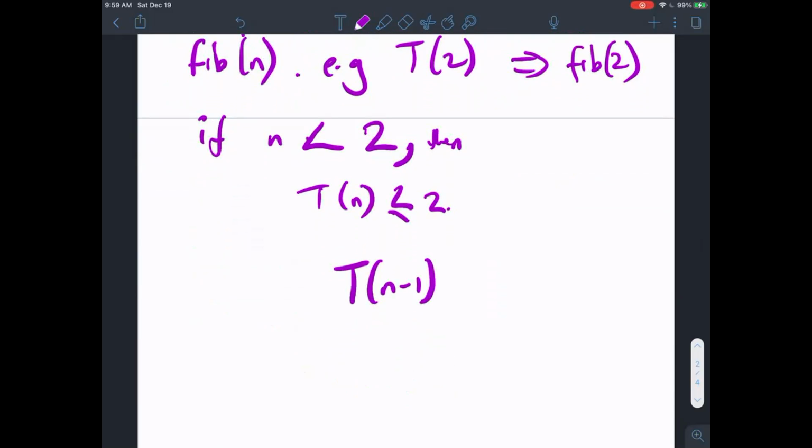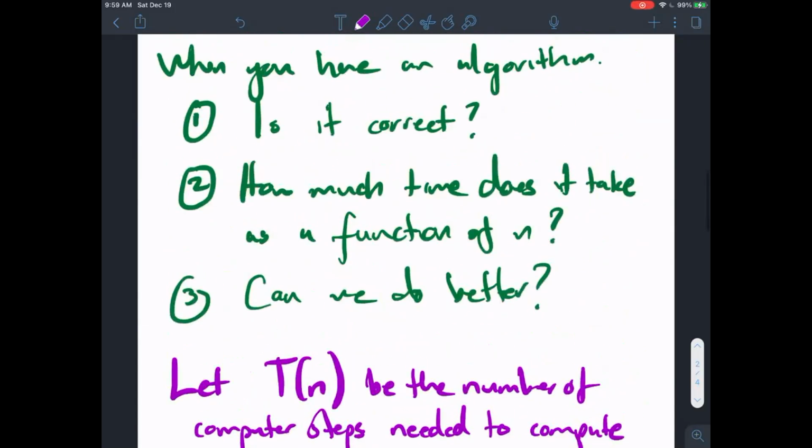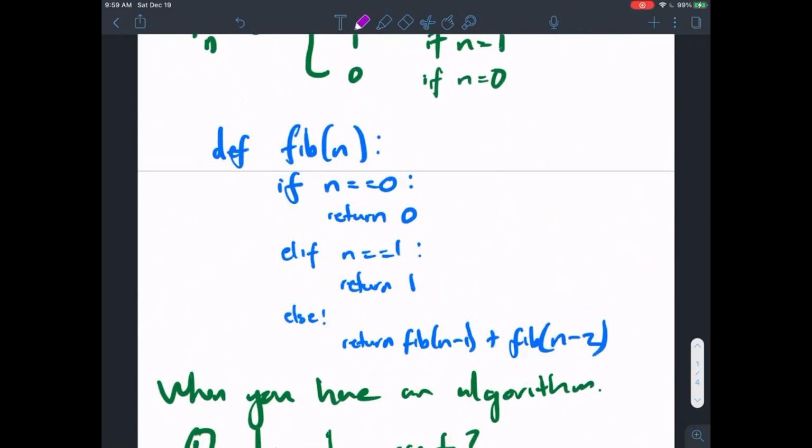Then we add the number of steps to compute T of n minus 2. So we'd get something like T of n. Of course, to be precise, we have to add 3 here, for example. We have the number of steps to calculate Fib n minus 1 and Fib n minus 2, so that we have T of n minus 1 and T of n minus 2 there.